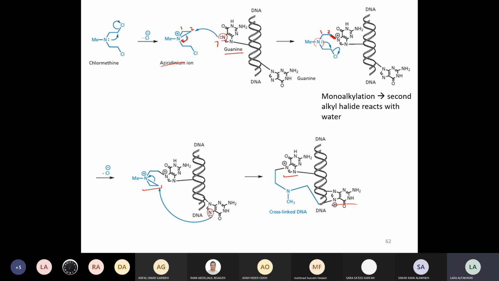Now again, due to the high nucleophilicity of this nitrogen, that is why, as I have mentioned, this alkylating agent needs to be given intravenously only.